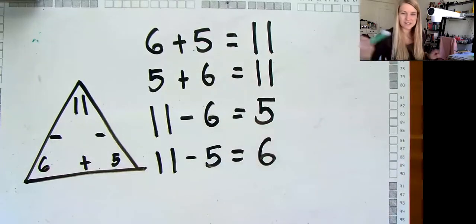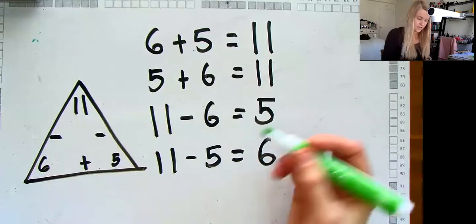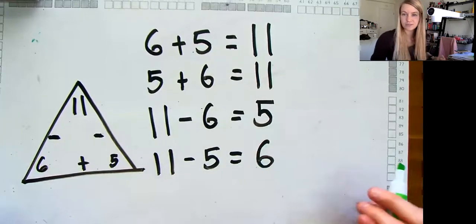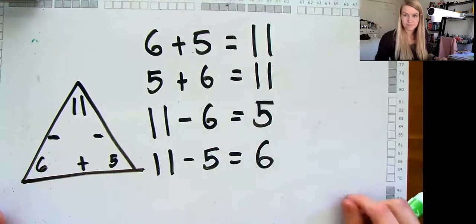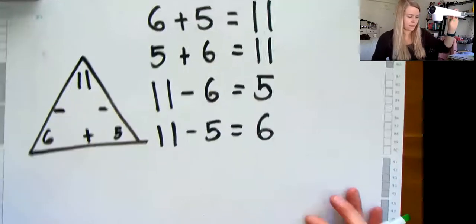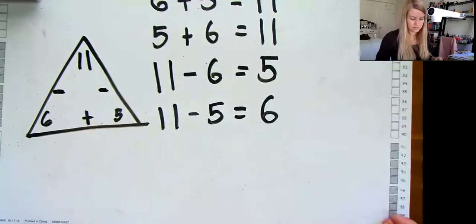I hope you are starting to see how all these numbers are related, but depending on what symbols you're using and the placement of the numbers, they all go together. They're one family.